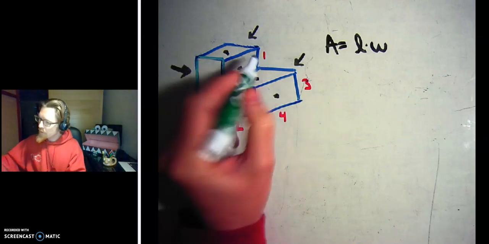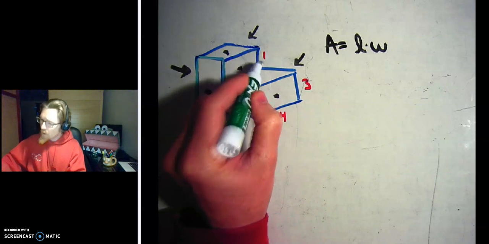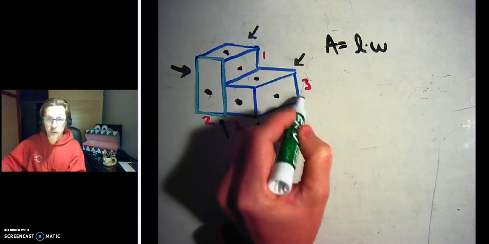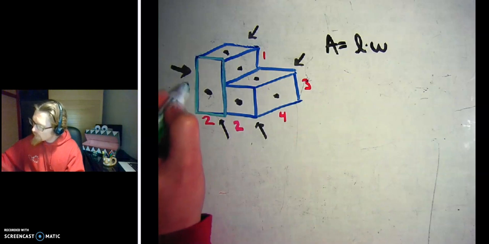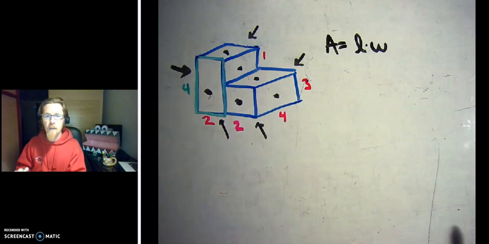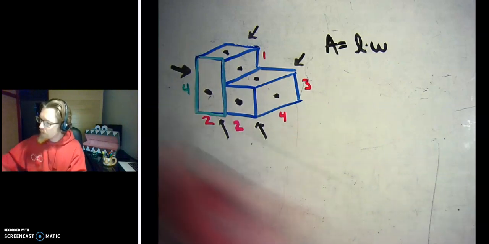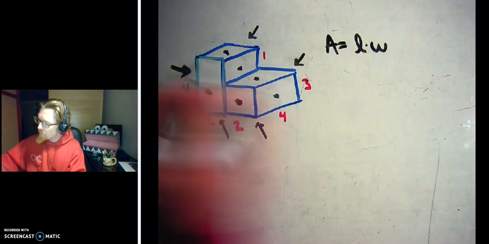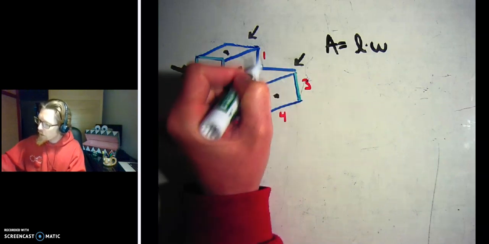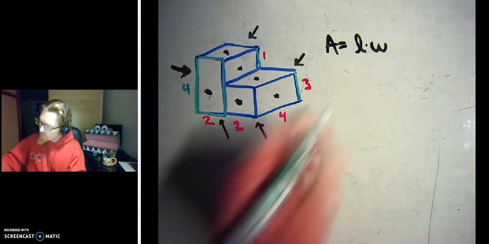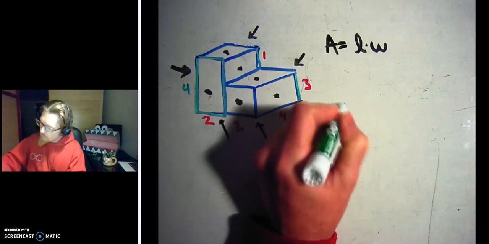But I do see that this side measures 1 and this length measures 3. So the side here will actually measure 4, because this tallness is the same as going up 3 and then up 1. So the first face is going to be 4 times 2.